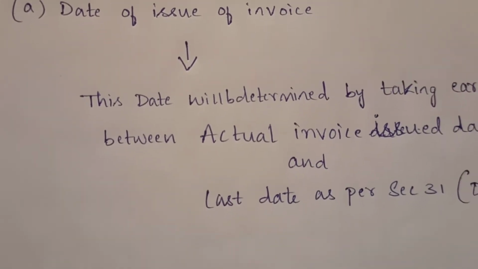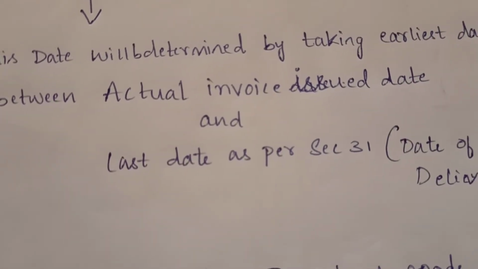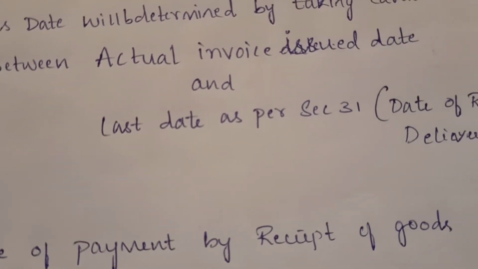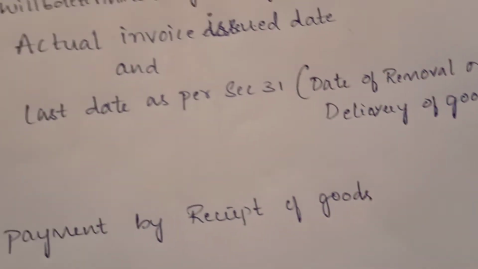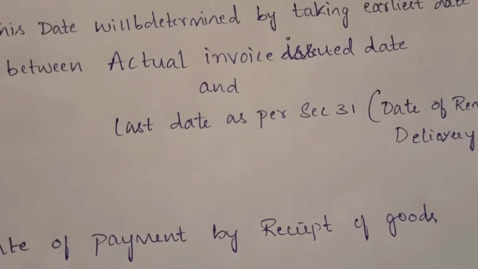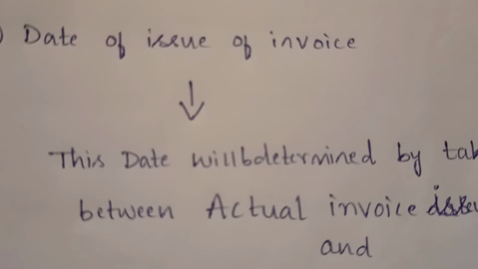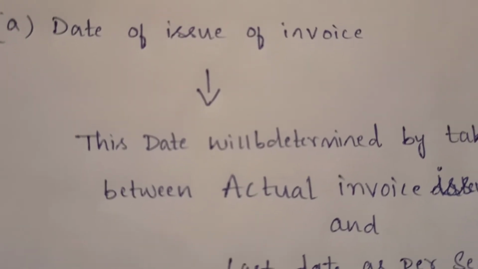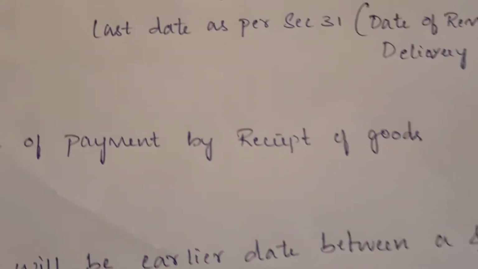How to calculate the date of issue of invoice: we have to see the actual invoice issue date and the last date as per Section 31, or the date of removal or delivery of goods. Between these 2 days, whichever is earlier will be the date of issue of invoice. That is point A. Then point B, the date of payment or receipt of goods.